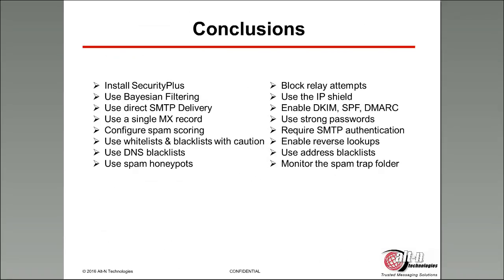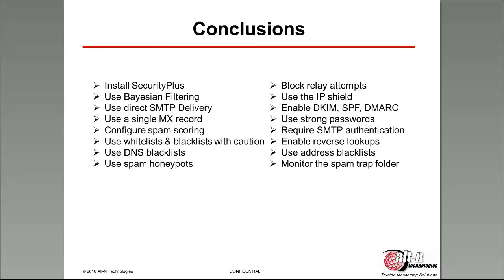So just to recap some of the things we talked about and some of the recommendations for best performance, we recommend, of course, using Security Plus, using Bayesian learning filter, direct SMTP delivery with a single MX record. Your spam scoring, of course, and remember the different thresholds for the SMTP and the queue-based scan. Use your blacklist and whitelist with caution. Use DNS blacklist and spam honeypots.